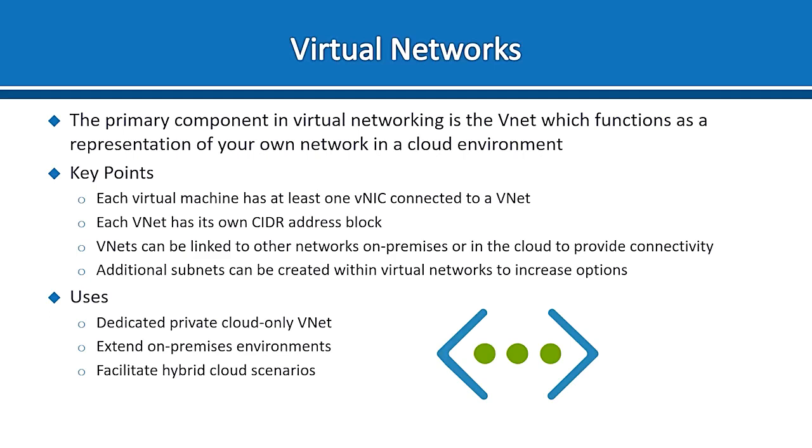So within the virtual networks, if you just want to increase options there, you can create additional subnets. So you'll have the initial block, and then we can create some subnets within that block. And again, this is all very easy to do. You do have to understand subnetting and how that works, but we'll go through that as we go along. So there are several uses.